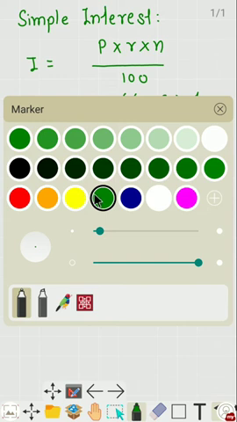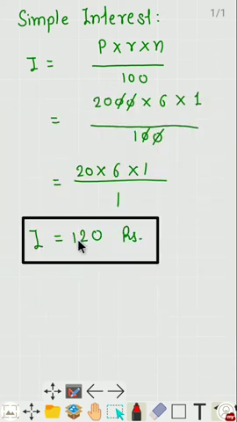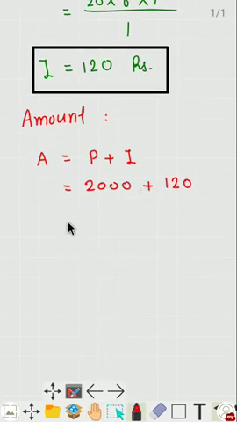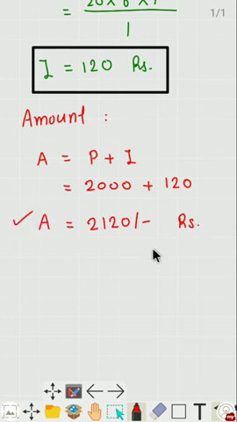Therefore we write the amount that we get after 1 year is equal to principal plus interest. Our principal is 2000 plus interest is 120, and it is equal to 2120 rupees. So this is the amount which we get after 1 year.